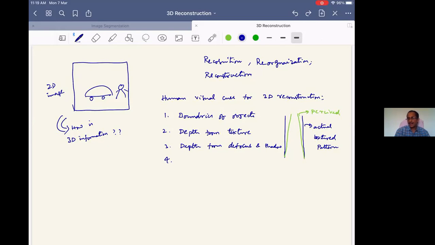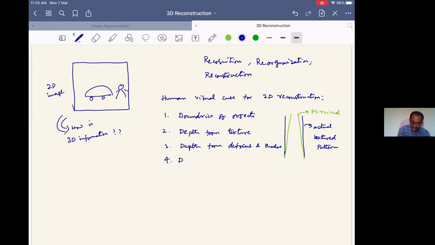An object which is farther will look smaller for us, and a nearby object looks bigger for us. Even the projections on the eyes have a difference when it is nearby and farther. That we will discuss now.